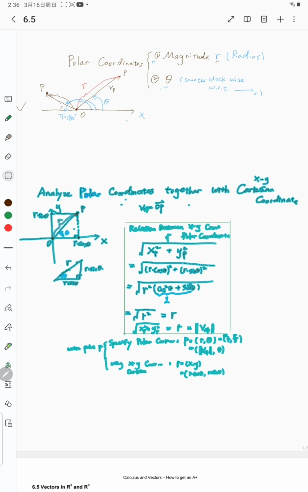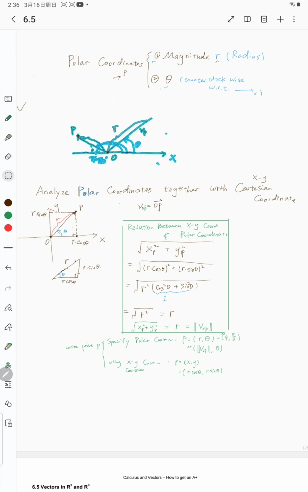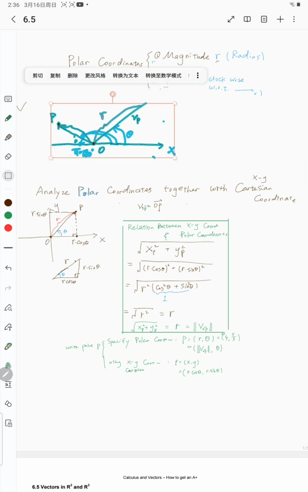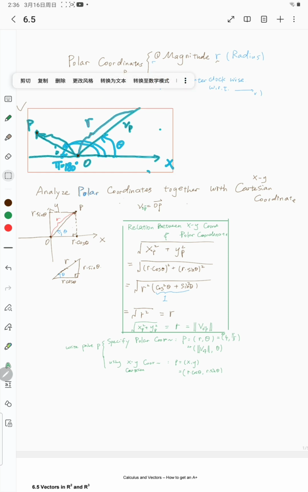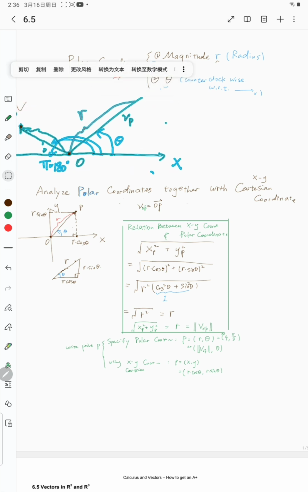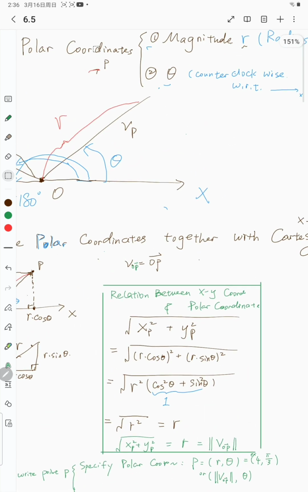Alright, so I'm just gonna move it here, and I hope this doesn't confuse you. I'm just gonna make it larger because this is our polar coordinate graph visual, right?